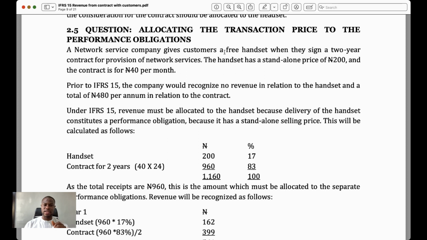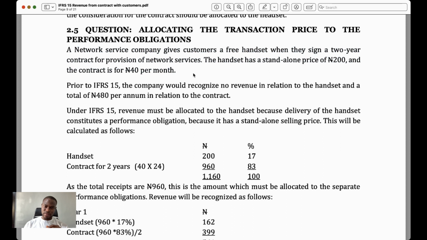One is a free handset, which has a standalone selling price, meaning it's a distinct performance obligation. And there is the provision of network services in Nigeria, like the airtime you buy, and you are supposed to pay 40 naira per month. So the telecom company has decided to give you the handset for free and charges only for the airtime you buy per month. So how do we resolve this?